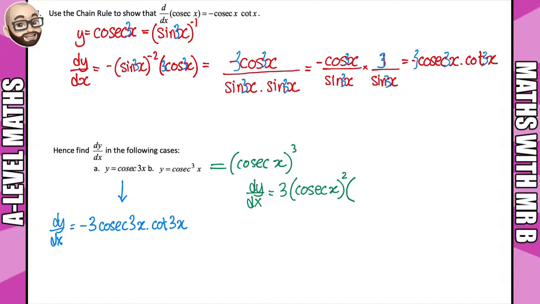And we know if we differentiate cosec, we get minus cosec cot x. Minus cosec cot x in here. And we could multiply that out to make it a little bit nicer. It's going to get us minus 3 cosec cubed x cot x.